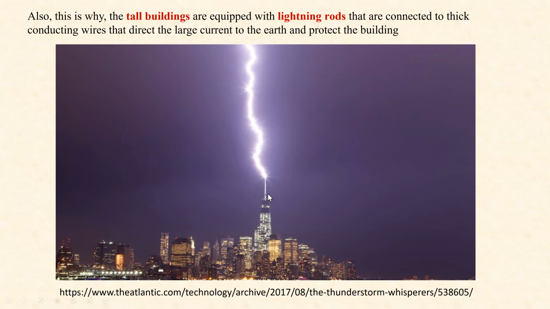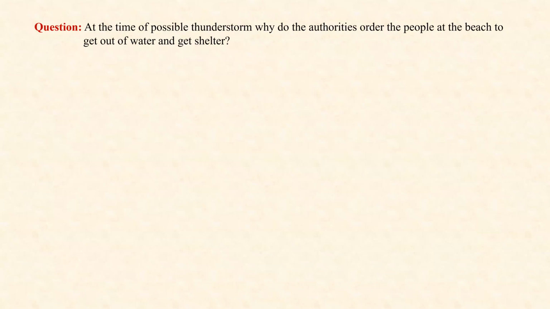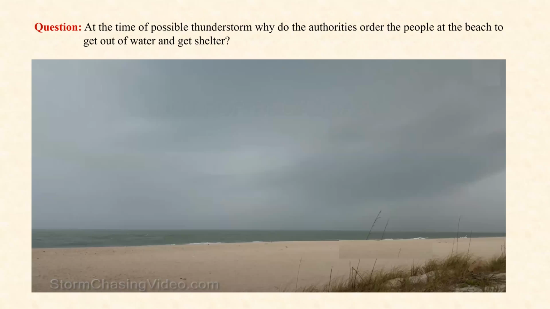All right. And it always hits that. It doesn't hit anything else because that is taller, closer to the clouds, and also it's pointier. And that's why they always hit it. All right. And now getting back to our original question. This is a beach. You're standing here.